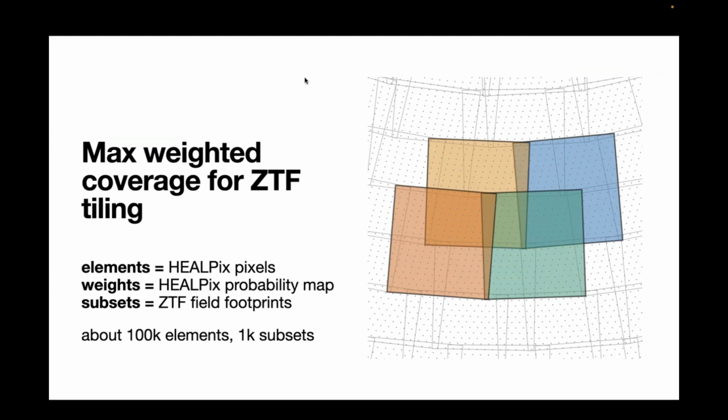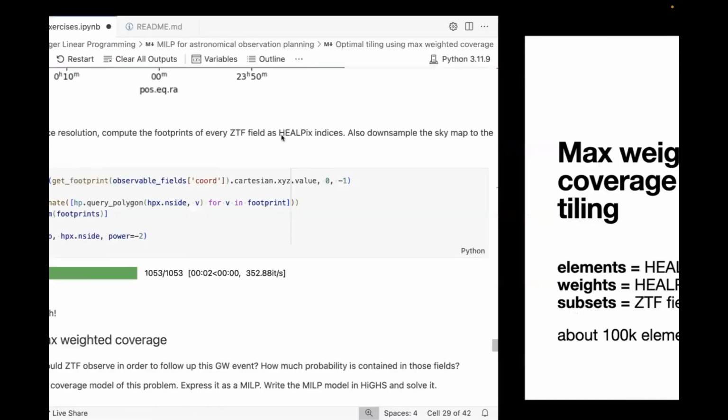The weights that correspond to those elements are the probabilities of the corresponding HEALPix pixels. And the subsets that we can choose from are the footprints of the ZTF fields. So let's go and try that. Let's go back to the notebook.